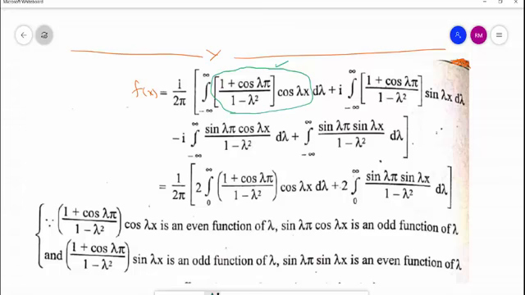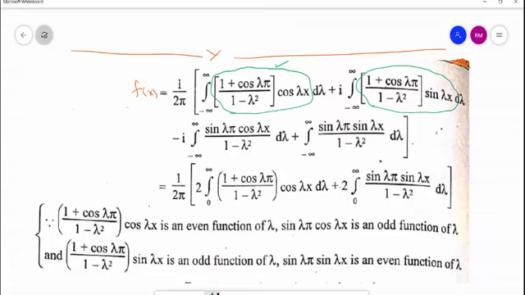So even function into odd function, the product is always an odd function. So this function of lambda is an odd function.